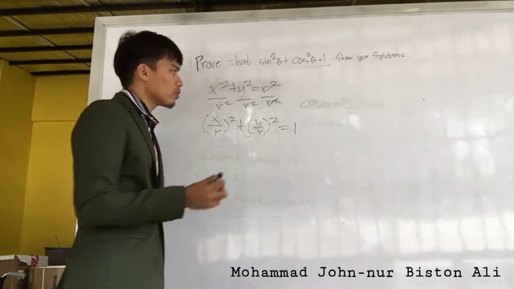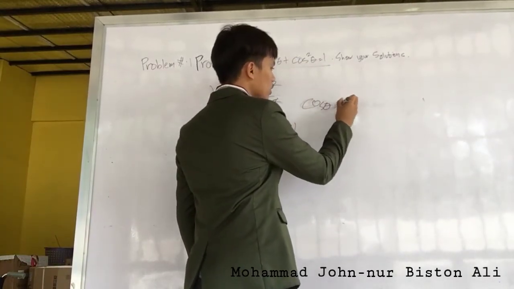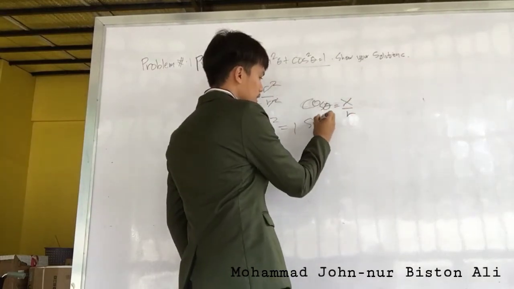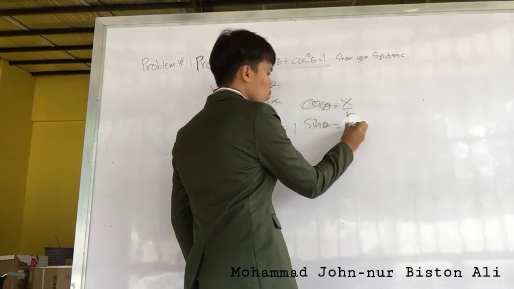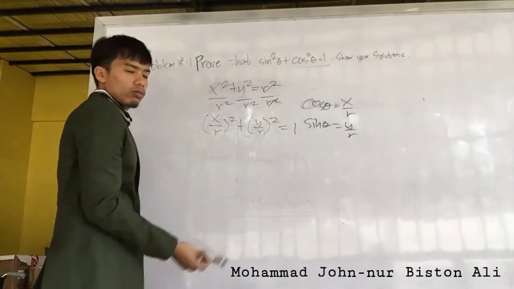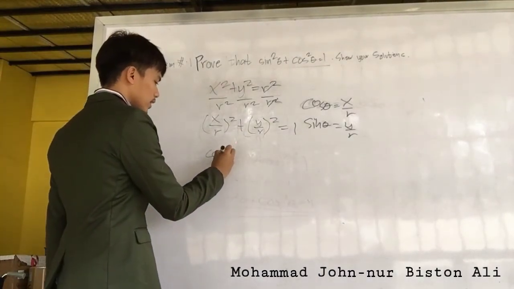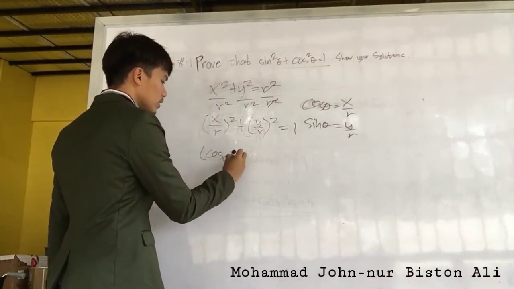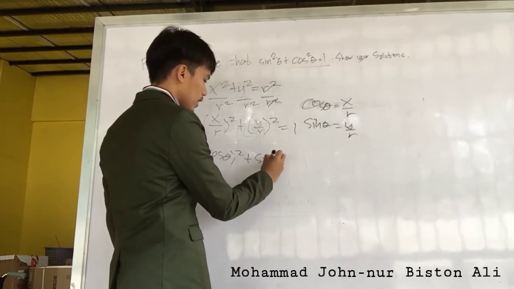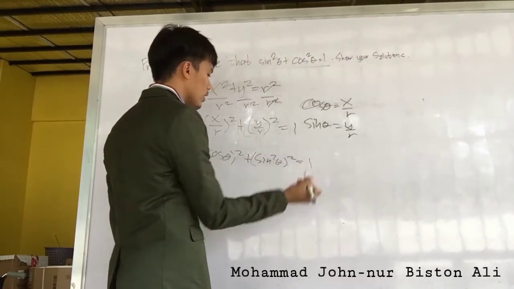Then let's call the formula cosine theta is equal to x over r, then sine theta is equal to y over r. Then we simply use these formulas to change this one: cosine theta quantity squared plus sine theta quantity squared is equal to 1.